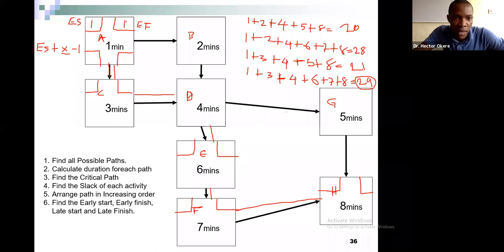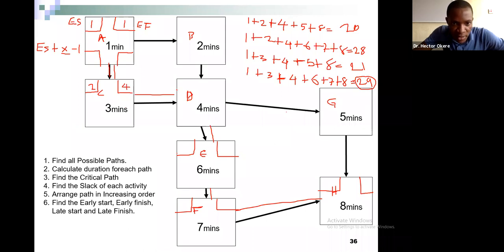Remember, I told you how to calculate your early start. Your early start is the early finish of the previous phase plus 1. So 1 here plus 1 will be 2. How do you calculate your early finish? It is early start plus x: 2 plus 3, 5, minus 1, 4.